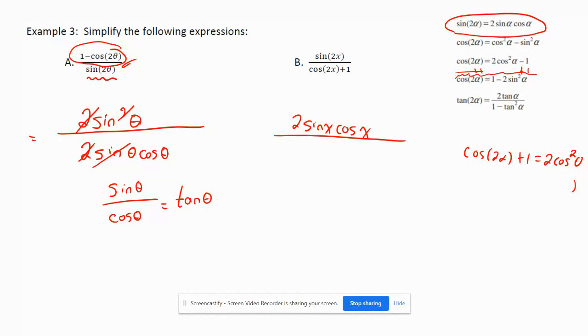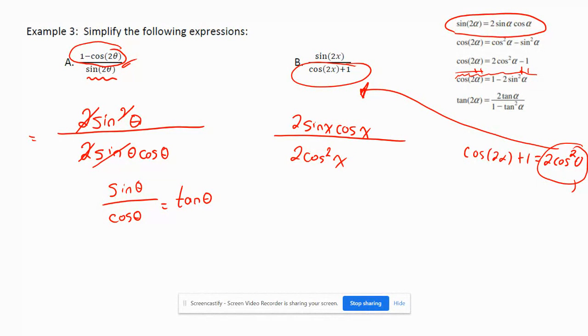So I'm going to replace cos 2x plus 1 with 2 cos squared, and we're left with 2 cos squared x.